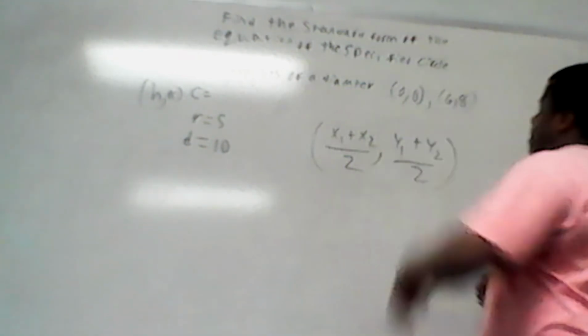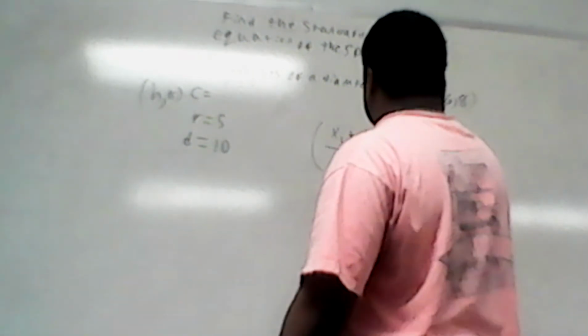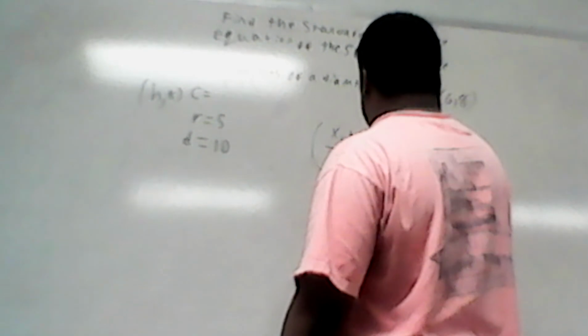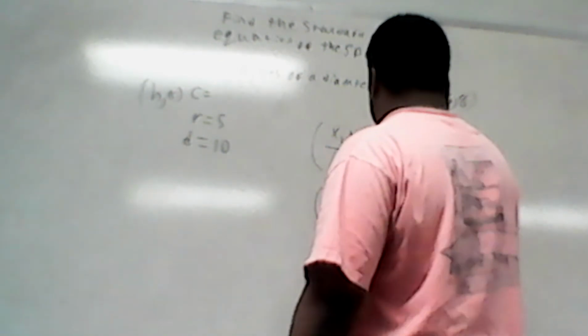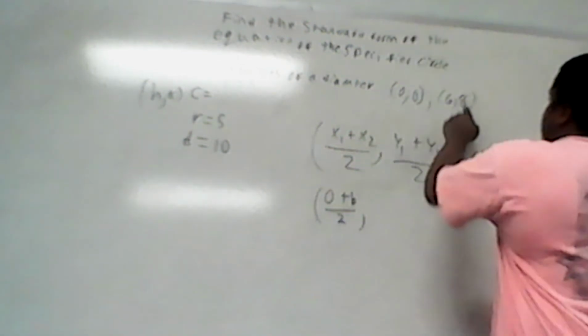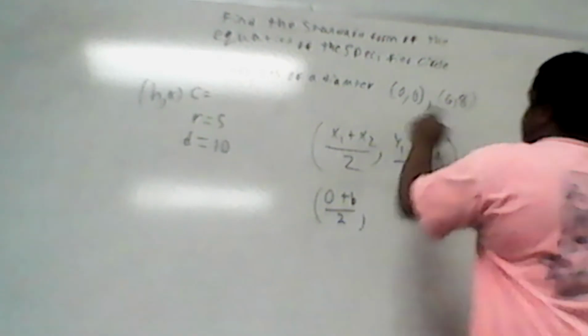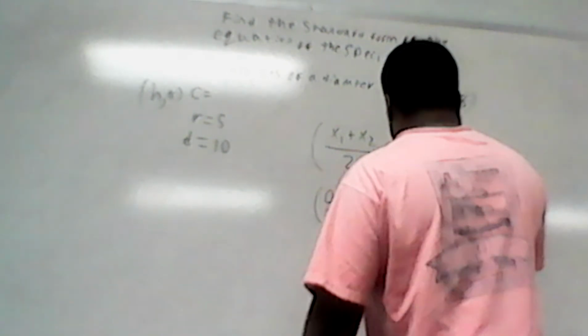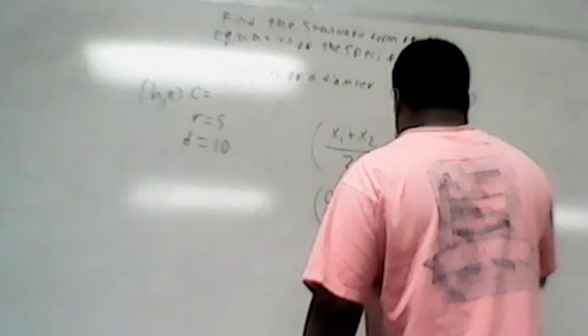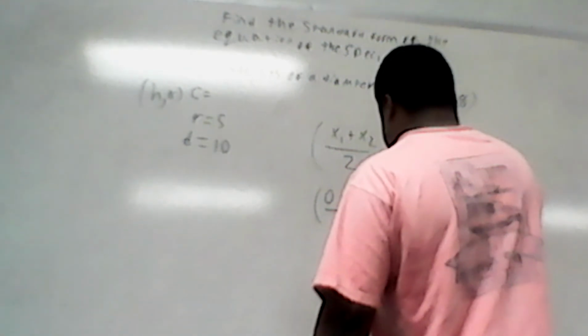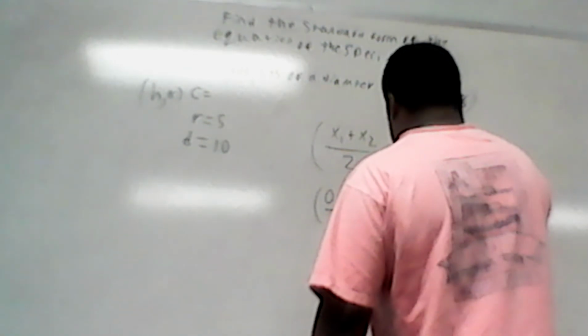Now I'm just going to plug in. So I'm going to plug in 0 plus 6 divided by 2, comma, 0 plus 8 divided by 2, and I get 6 divided by 2, comma, 8 divided by 2.